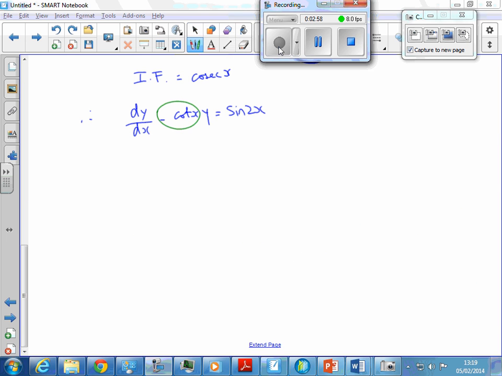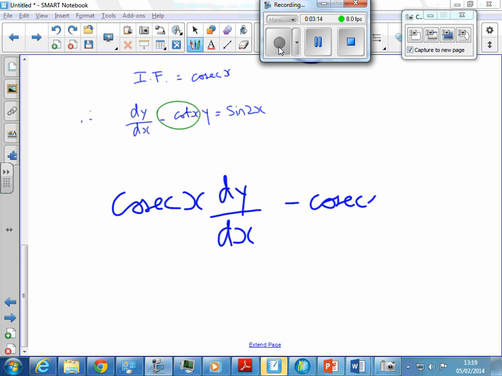So to continue, if I multiply through by my integrating factor, I have cosec x dy by dx minus cosec x cot x y is equal to, I'm just going to call that sine of 2x over sine x. Is that all right? Yeah. Sine of 2x over sine x.